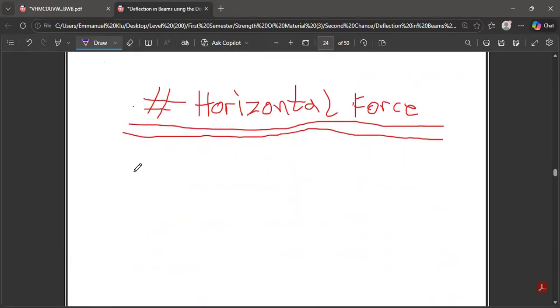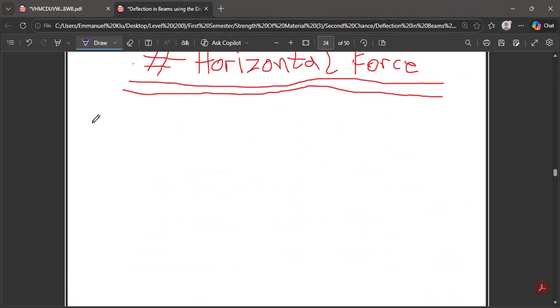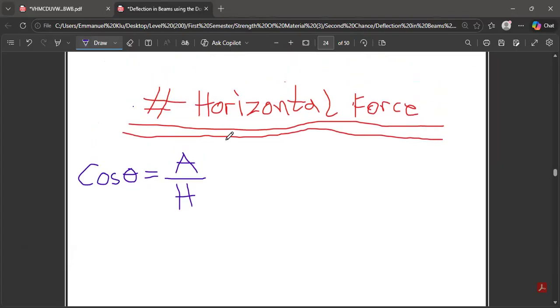So the cos, in this case, we are going to say that our cos theta is equal to adjacent over hypotenuse. So what does that imply?